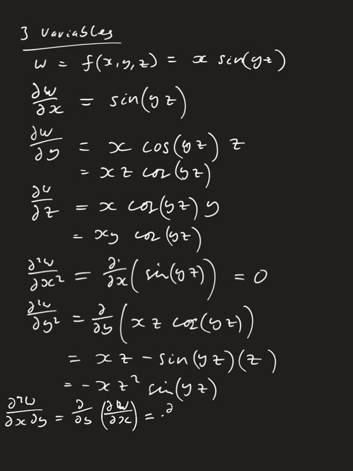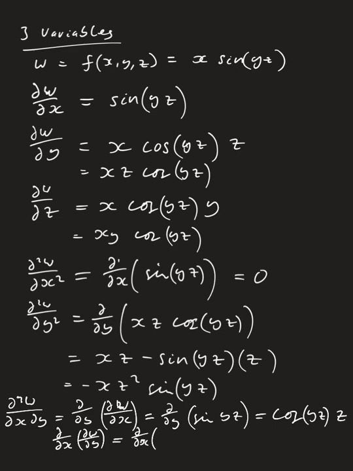So that is the derivative with respect to y of sine of yz, which would be equal to cosine of yz times z. What about the other way around? Let's say I did del x of del w del y. Well, then it would be del x of xz cosine yz.